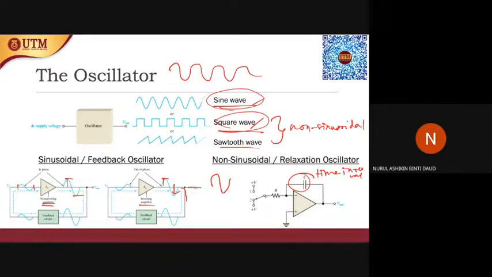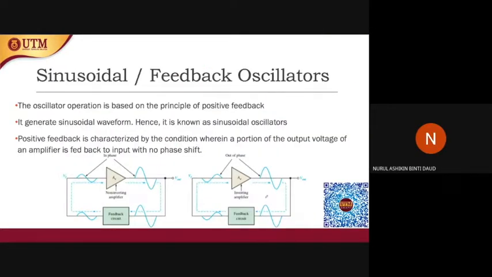So let's look at the sinusoidal or feedback oscillator. The oscillator operates based on the principle of positive feedback. A feedback oscillator always works with positive feedback, and the output will always be a sine waveform, which is why it is known as a sinusoidal oscillator.